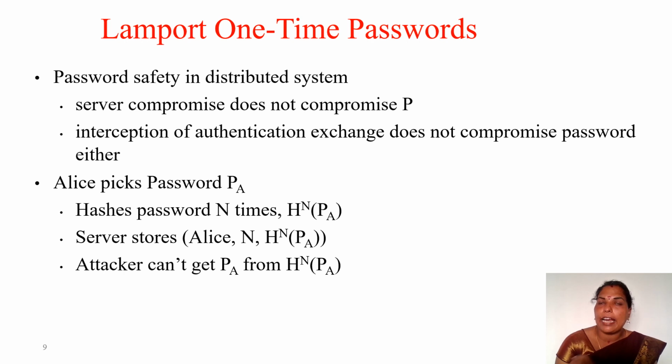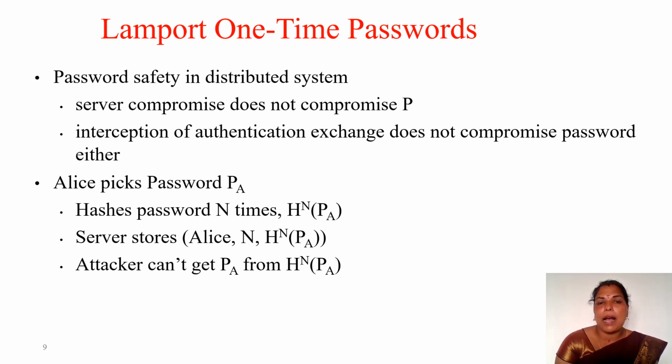Similarly, for any password, on the server side the hash value of the password is stored, and whenever the user is logging into the remote distributed system, because in the distributed system many replicas are available, wherever the user is logging into the system, at that time the hash value is generated for the password and that hash value is checked with the hash value stored in the server.